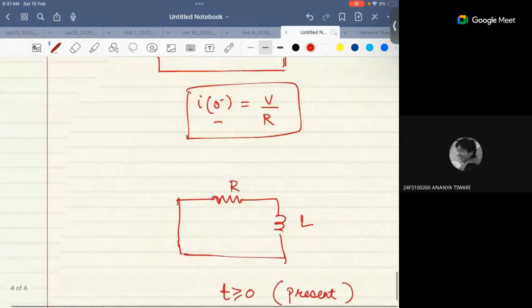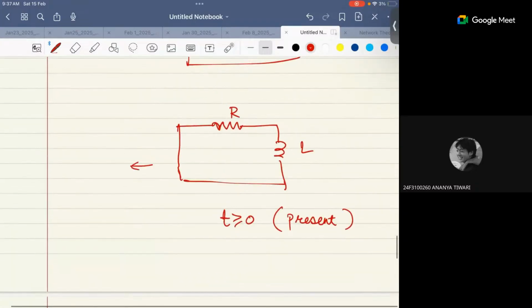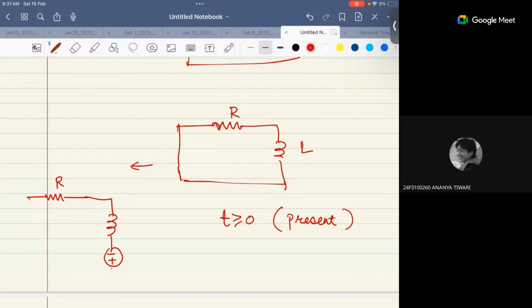If I change it to the Laplace domain, the inductor gets changed to an impedance sL in series with a voltage source of L times I of 0 minus, with the resistance R. So this will be sL, and the source will be L I of 0 minus, which you can think of as some voltage.